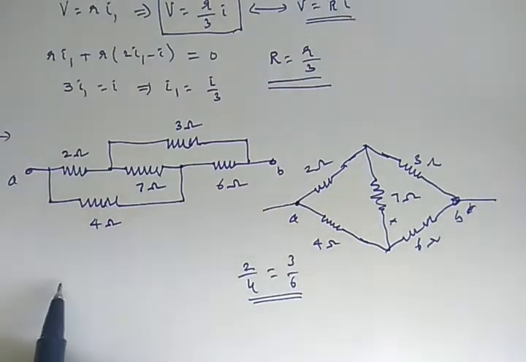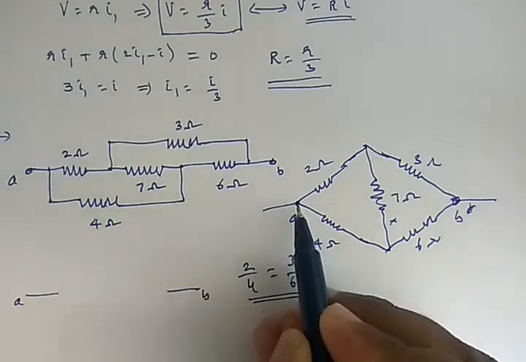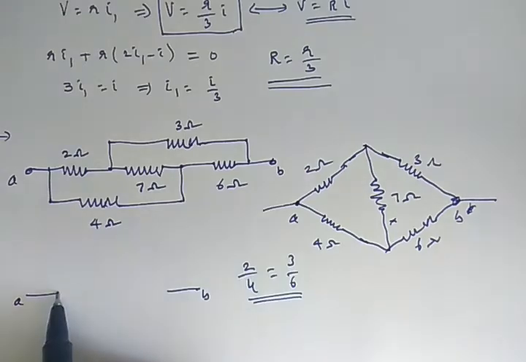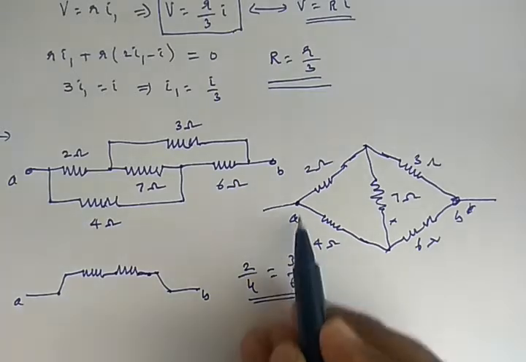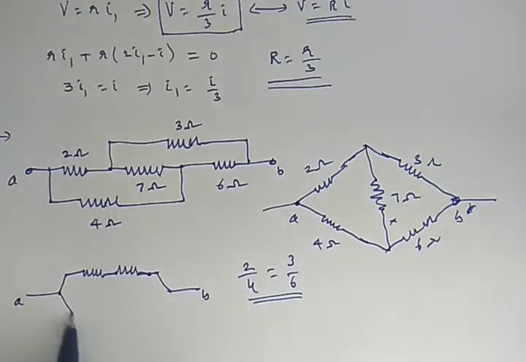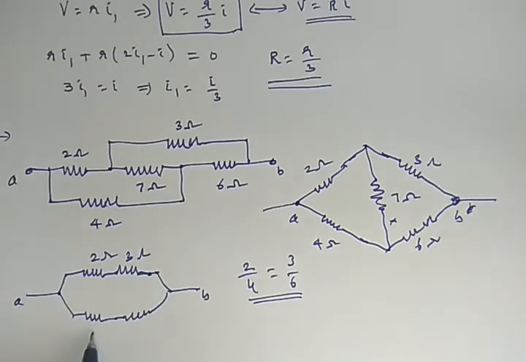Then you can redraw this from A to B, with 2 ohm and 3 ohm resistors, and similarly from A to B, 4 and 6 ohm resistors.